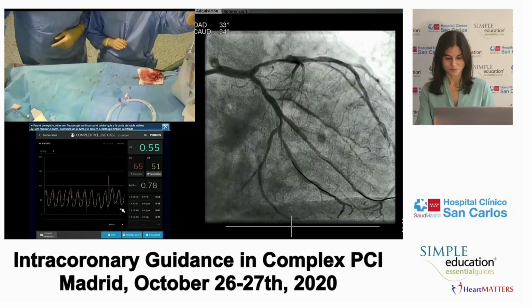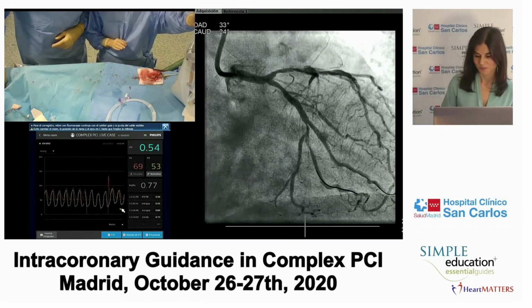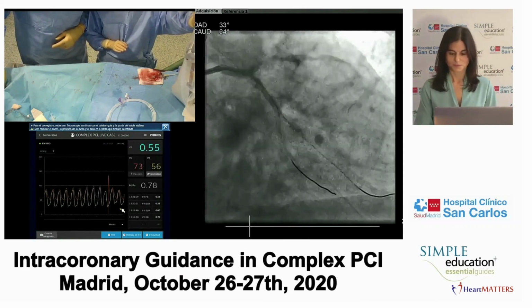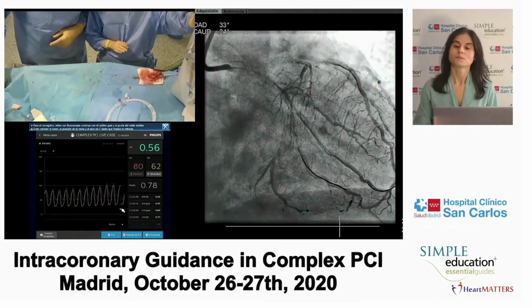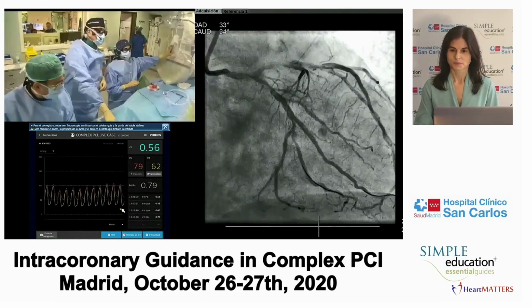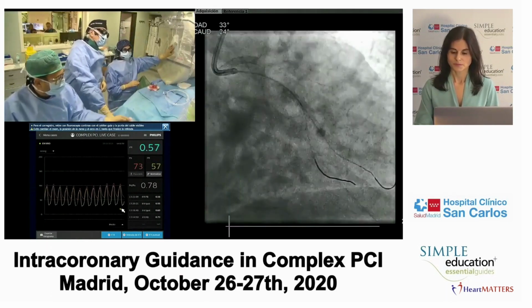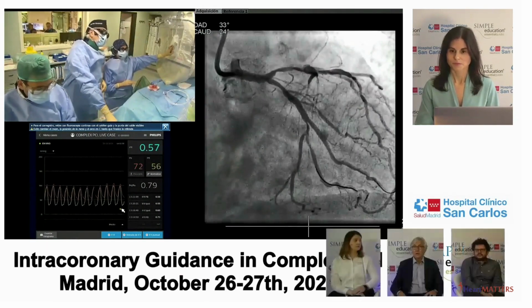So you know that a very important message for the colleagues is that on many occasions these pinched side branches that have stenosis that look very severe, when you interrogate with a pressure guide wire, you actually find that they are not severe.